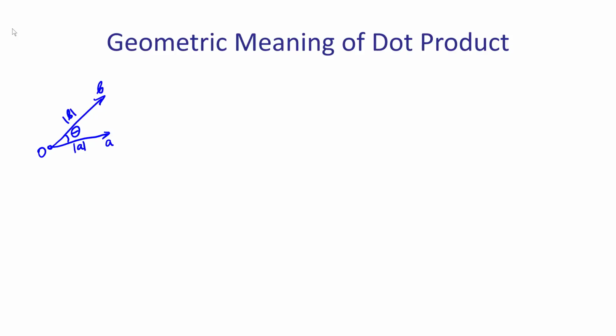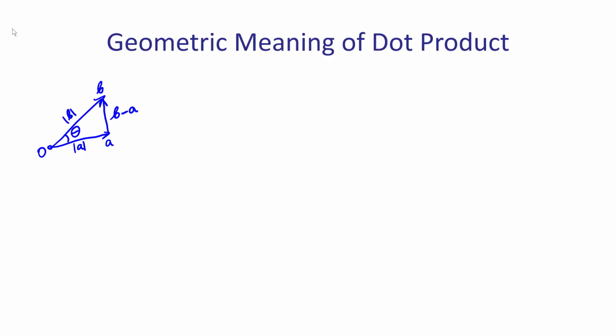Now, the question is, what is the Z vector? I want to remind you that this vector is basically vector B minus A. Sometimes it's difficult to remember which direction to put that arrow, but there is a very simple trick.